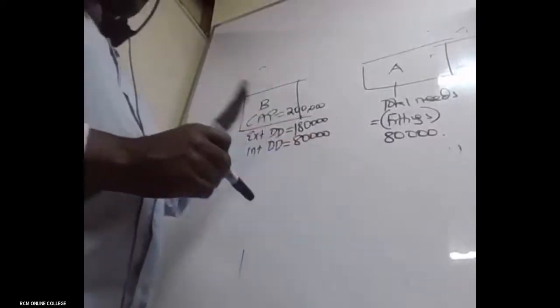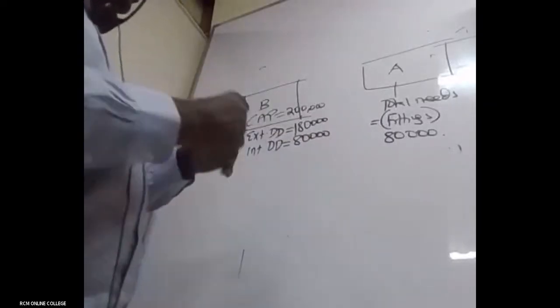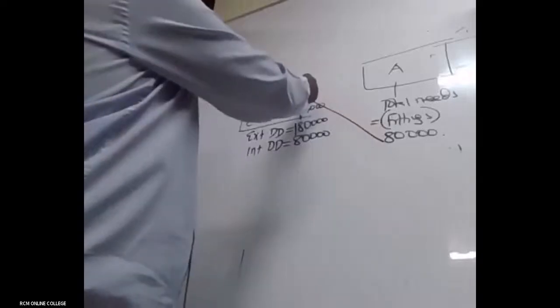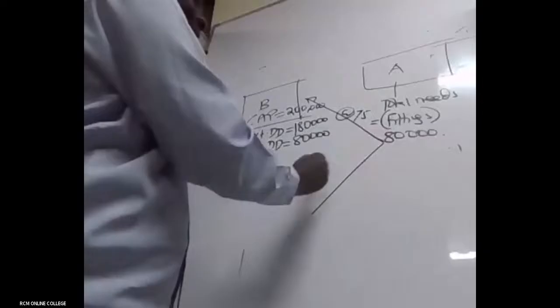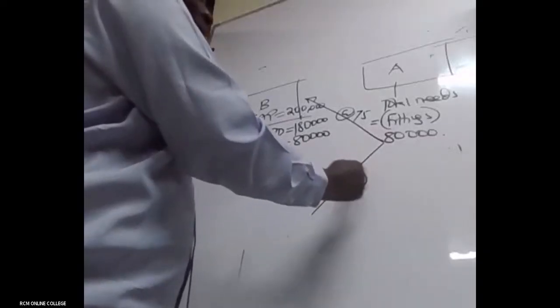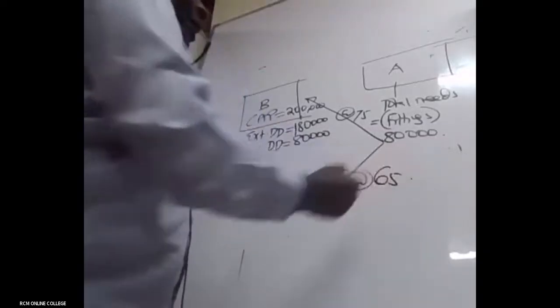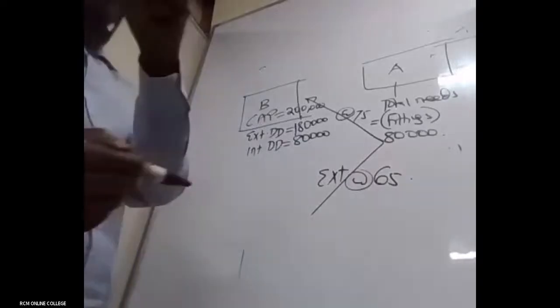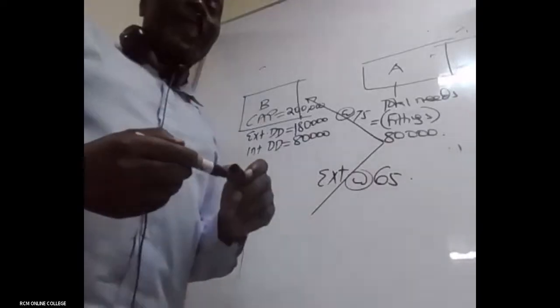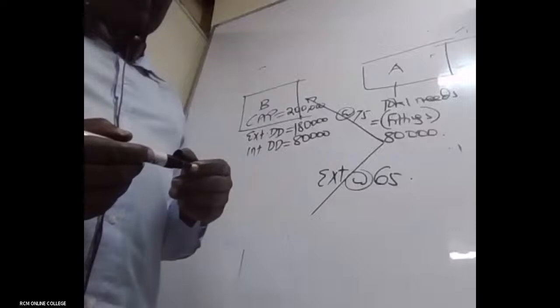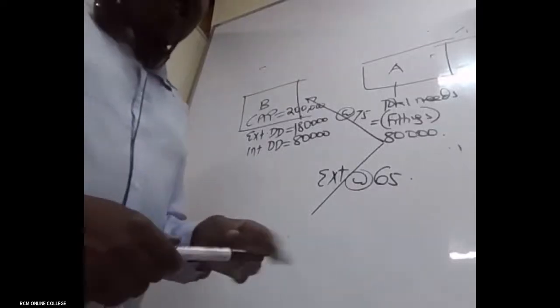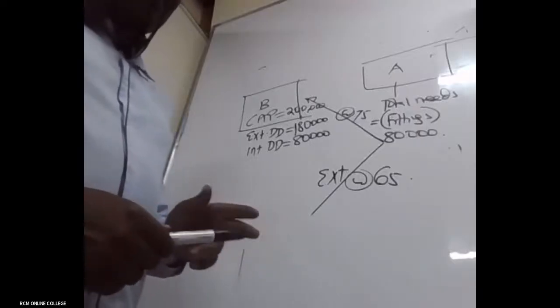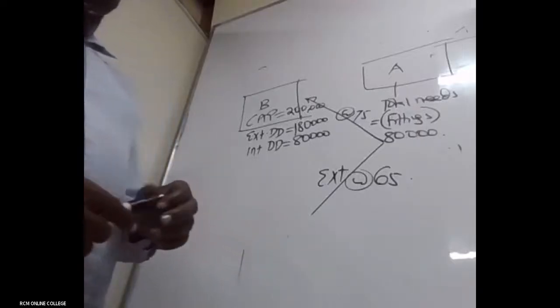It can pull this internally from B at 75, or externally at what price? 65 per unit. Per set, yes, per unit. Same. Kwanza mpaka hapo tuko pamoja.